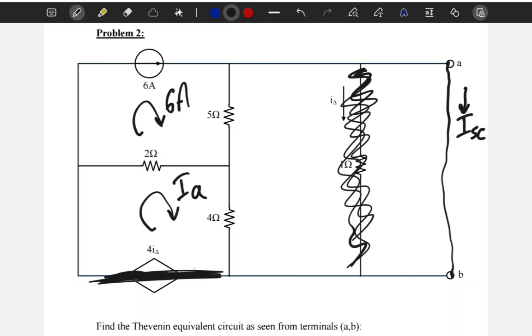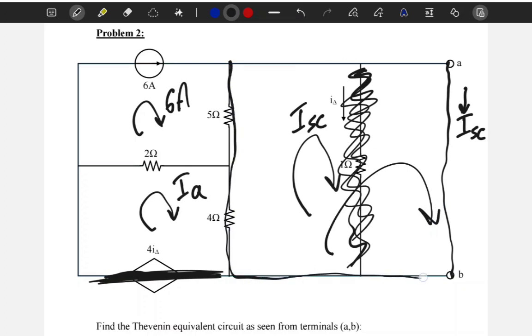Notice that we have a short circuit in the place of the dependent source, and I have a big current in here, which is I short circuit, which also extends to the other side like this. So this entire loop is just one mesh. There isn't anything in the middle, because we argued that the 1 ohm resistor does not have a current passing through it, and therefore no voltage.